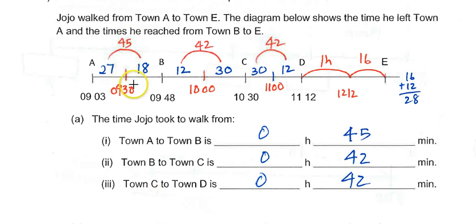I wrote 9:30, so from 9:03 to 9:30 is 30 minus 3, which gives you 27 minutes. From 9:30 to 9:48 is easier to see. It's 48 minus 30, which is 18 minutes. So 27 plus 18 is 45 minutes. Therefore, you have 45 minutes over here, but do not have any hours.